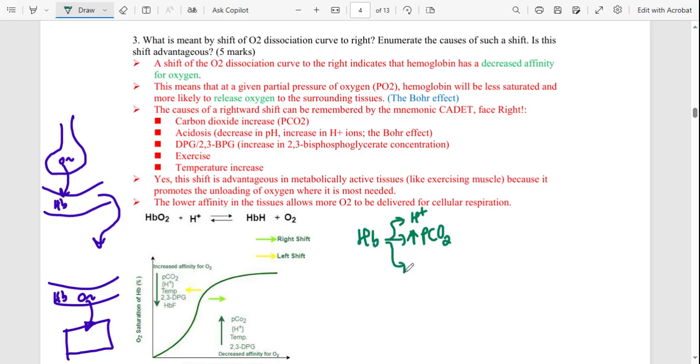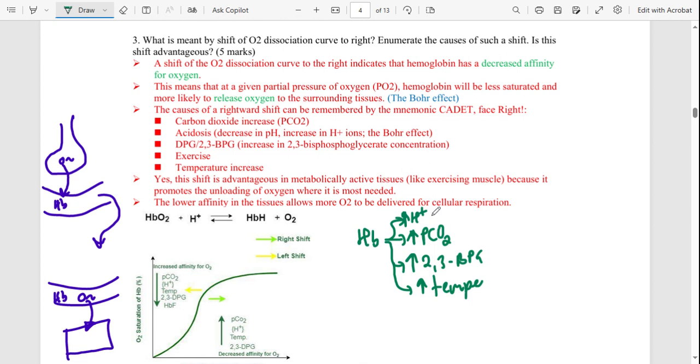Besides that, you also have what we call 2,3 bisphosphoglycerate. Besides this, also elevated temperature.